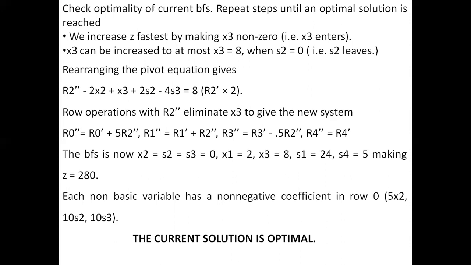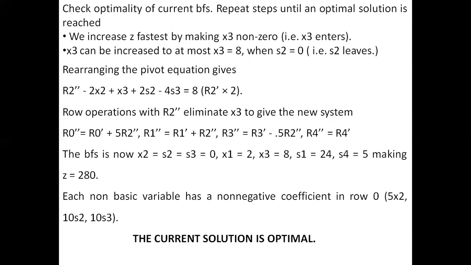That is, row 2 is multiplied by 2. So the variables have been brought to the LHS from the RHS, containing the negative values, and the equations have been moved from RHS to LHS. Now the row operations with R2 eliminate x3 to give the new system.